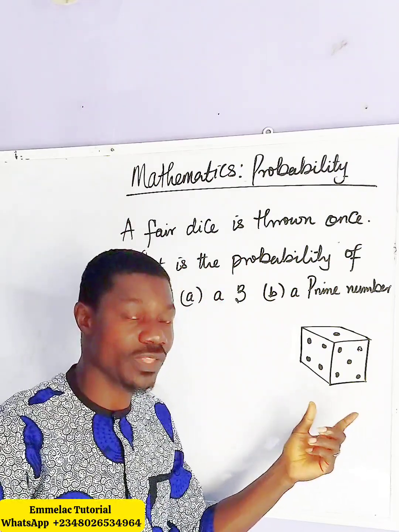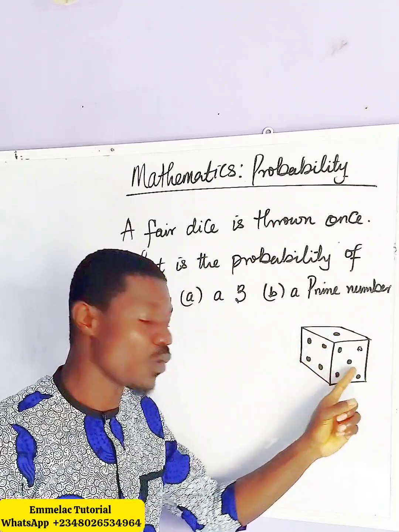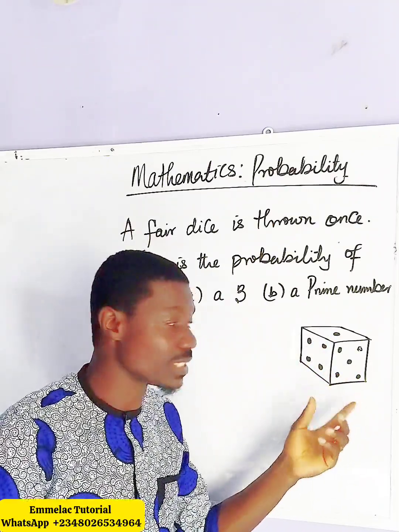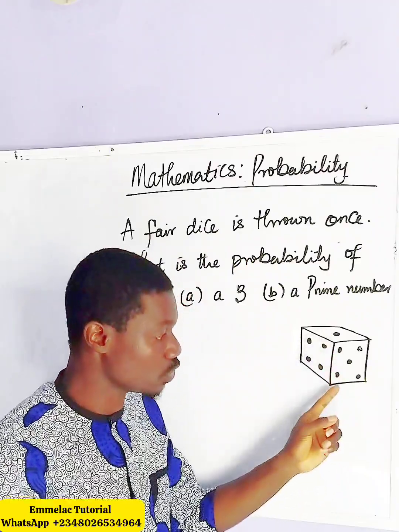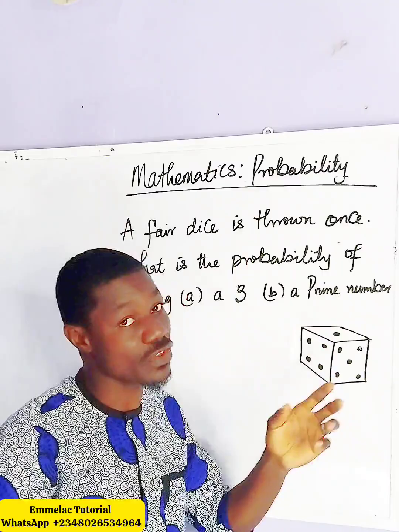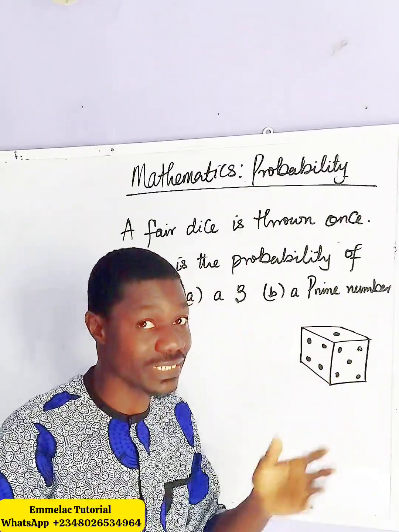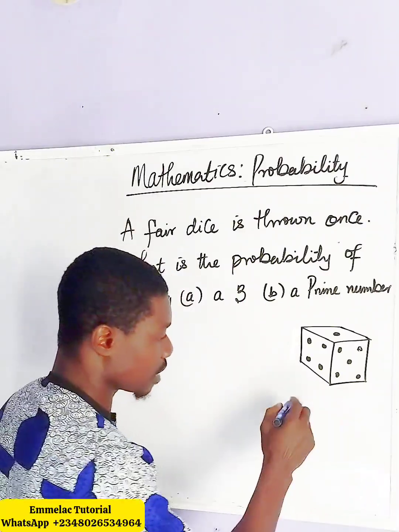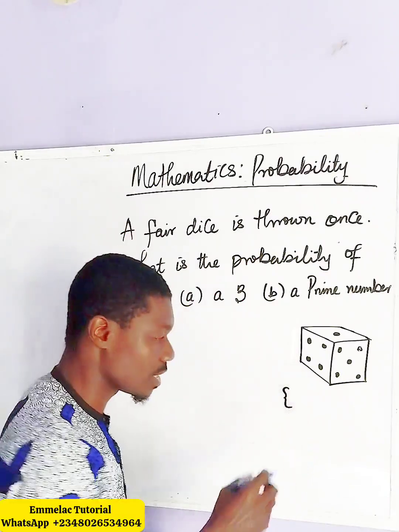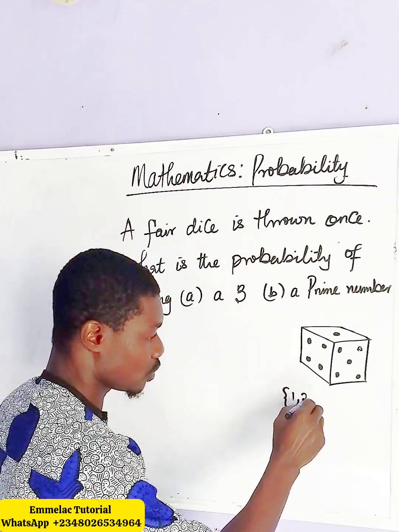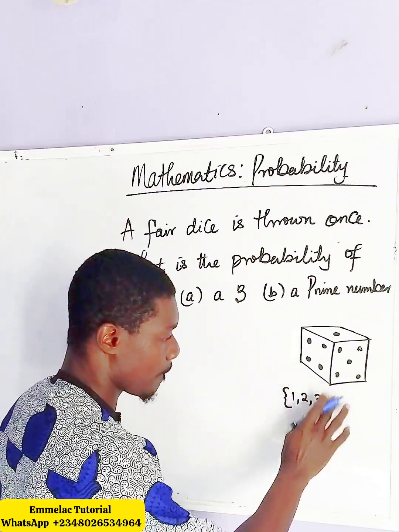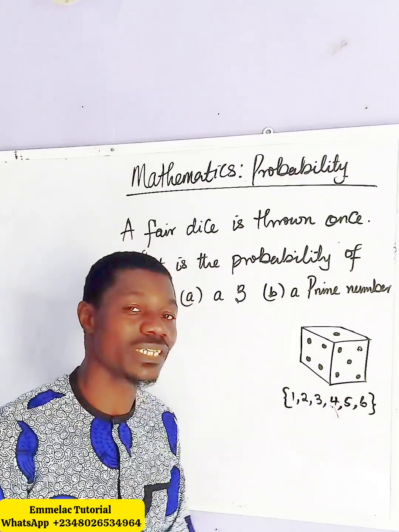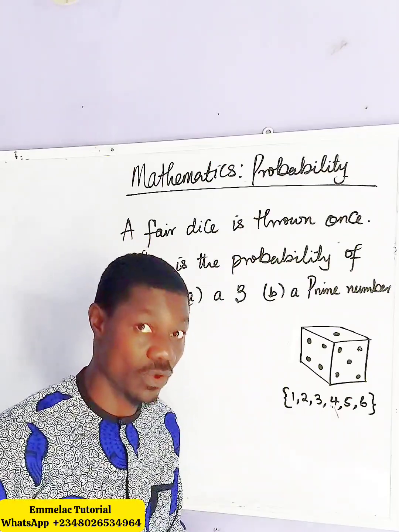When you throw this die once, you get either a 1, a 2, a 3, a 4, a 5, or a 6. So this is the total outcome that you can get on a die.